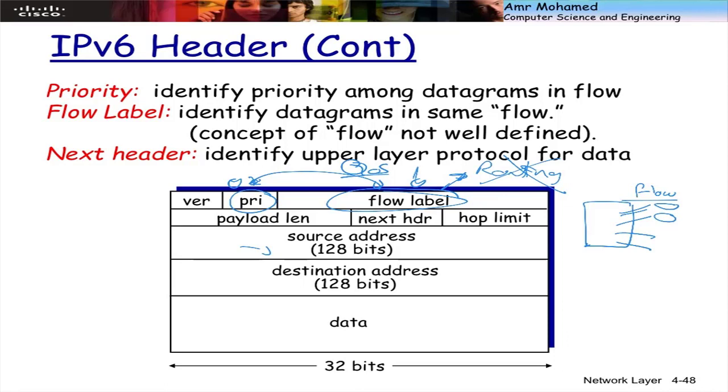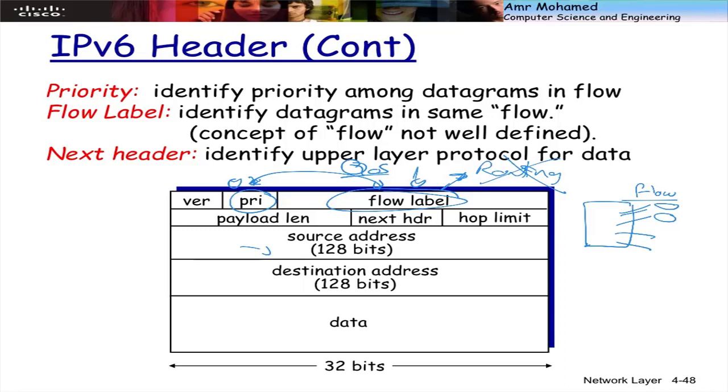Flow label can be used to provide different levels of security on the level of a flow. But it's not used for routing, it's not stored in the routing table. So having the flow label does not affect the scalability. It's very important. Okay?